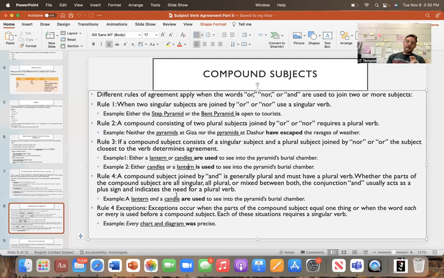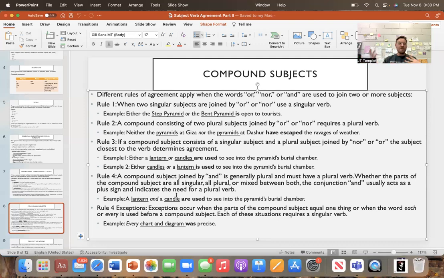Rule 4. A compound subject joined by and. So all these last ones we've looked at were or and nor. With and, it's generally plural because you're talking about both things simultaneously, right? Claudia and Mark went to the store. Both of them are going to the store, so they're plural.